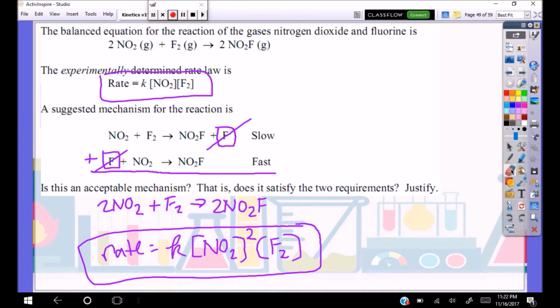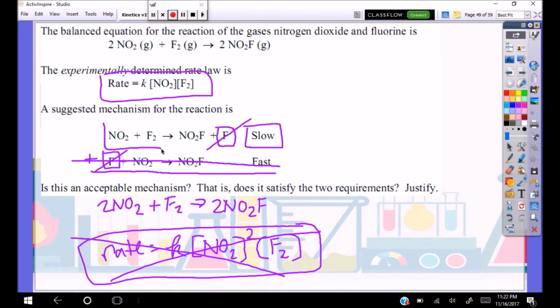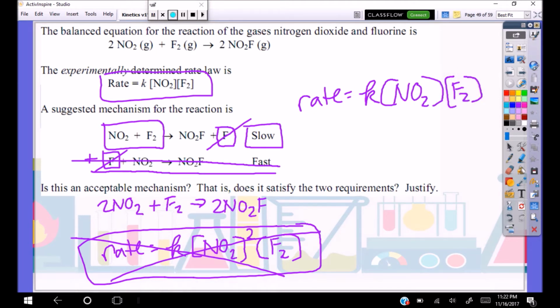Well, let's look carefully. We have information here that tells us that our first step is our slow step. So if our first step is our slow step, our second step has no impact on my rate law. I just need to look at my reactants in my slow step. My rate law is rate equals k[NO2][F2], and that matches up.